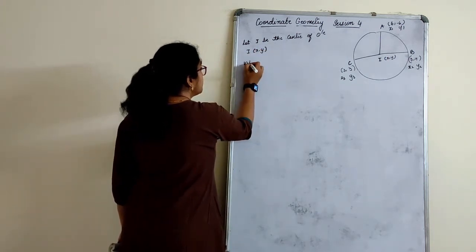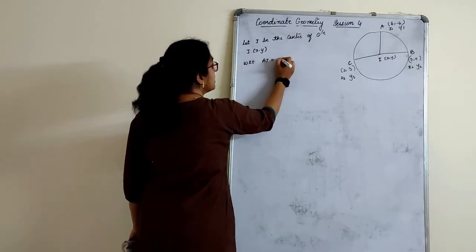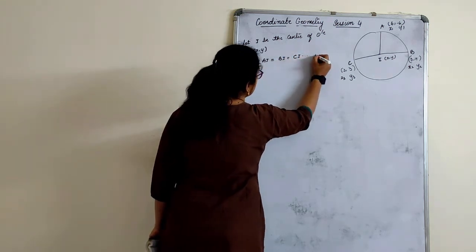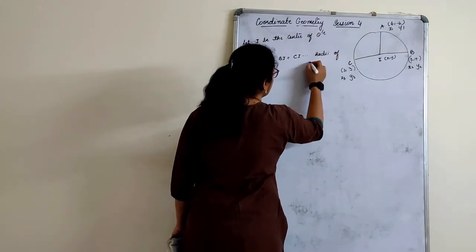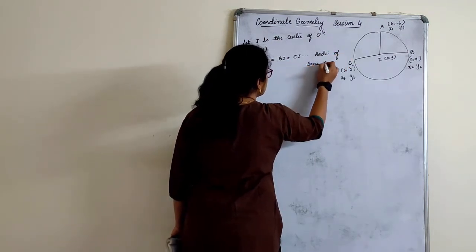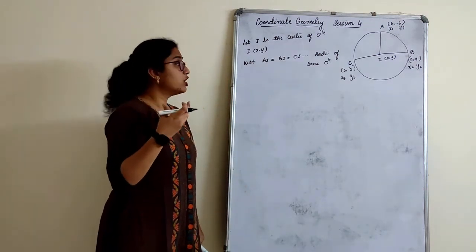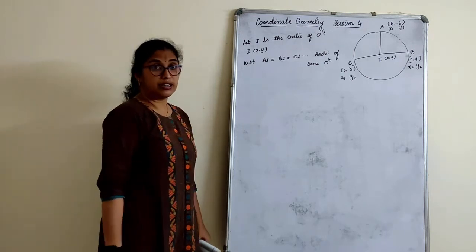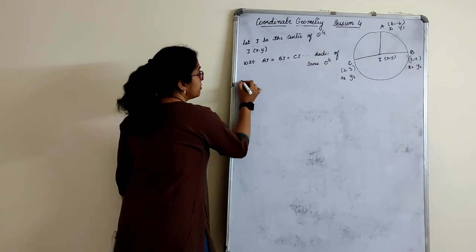We know that AI is equal to BI is equal to CI. Reason, they are radii of the same circle. Now what we will do here is, we'll take two at a time, a pair at a time, and we'll find the value for x and y, right? So let's take this first.